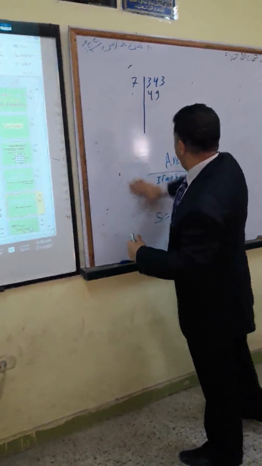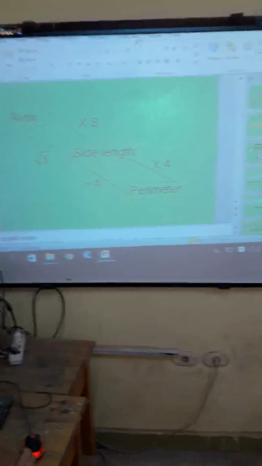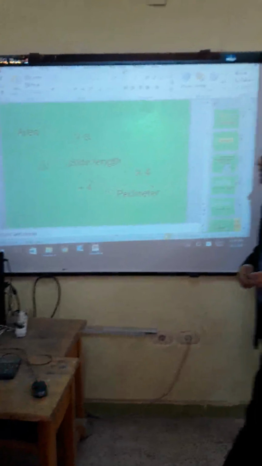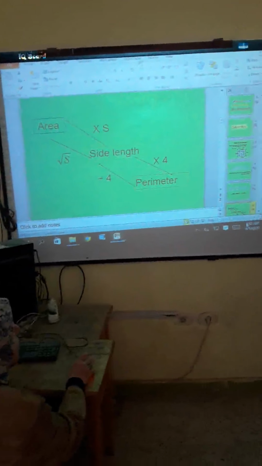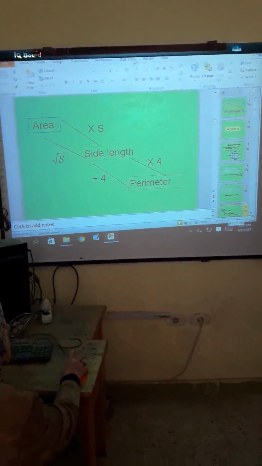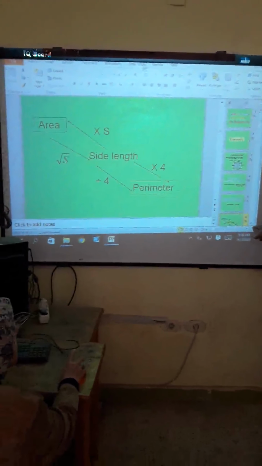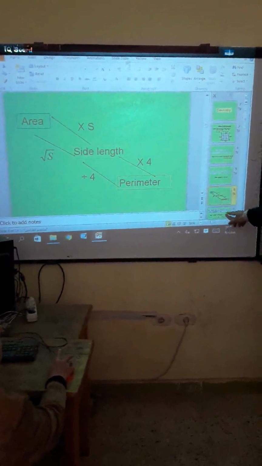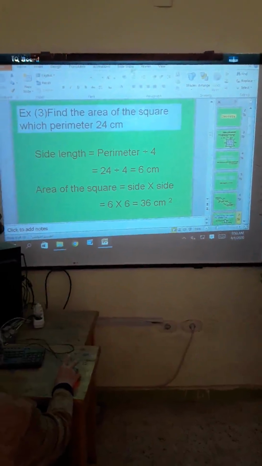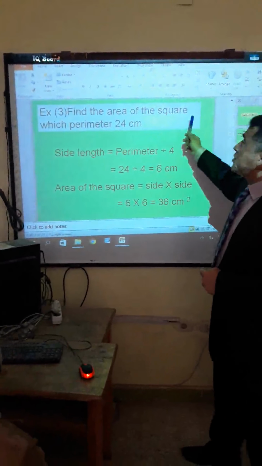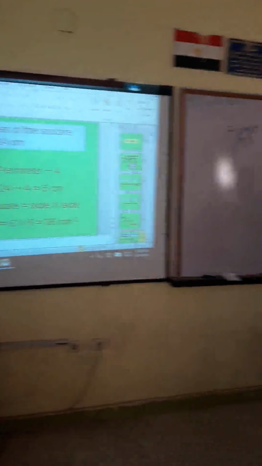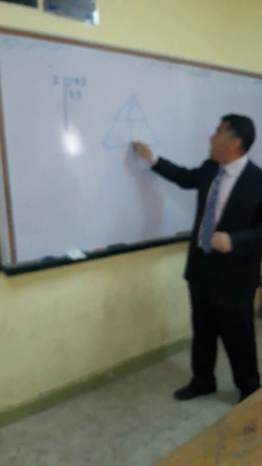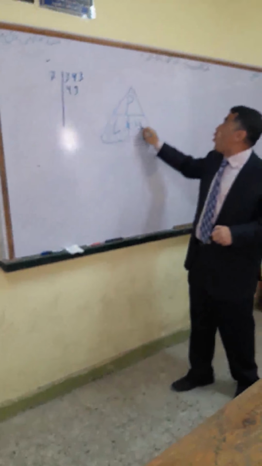Next. Find the area of the square which perimeter is 24. Perimeter of a square equals length times 4.